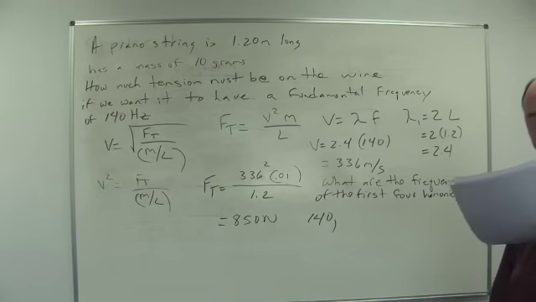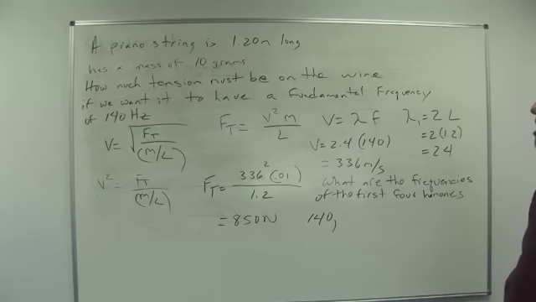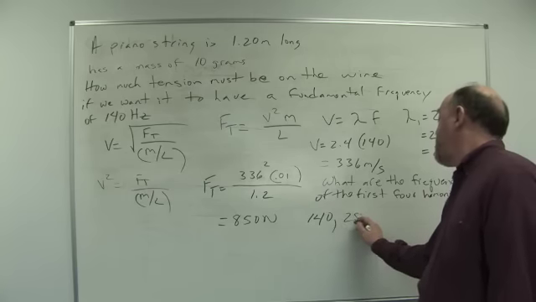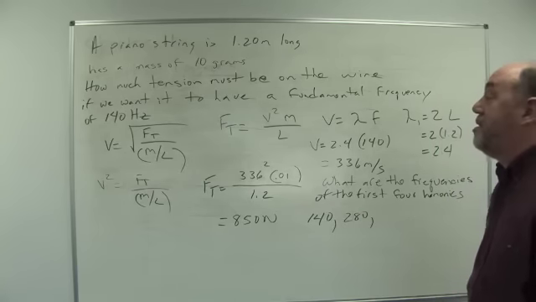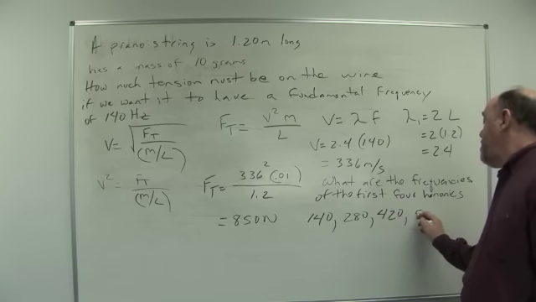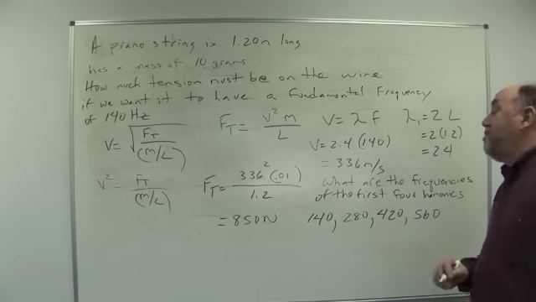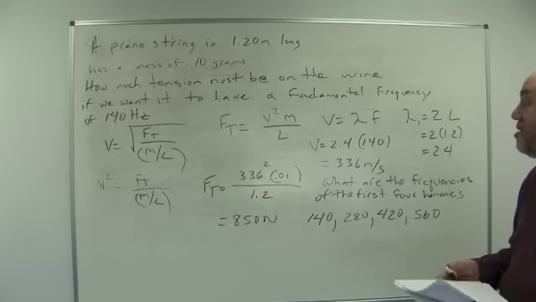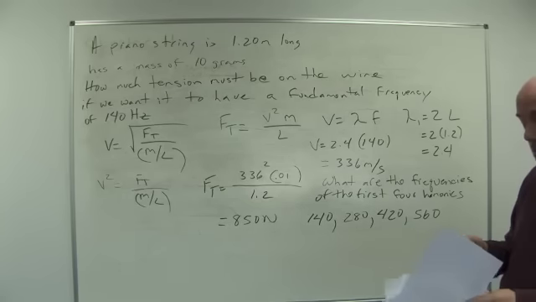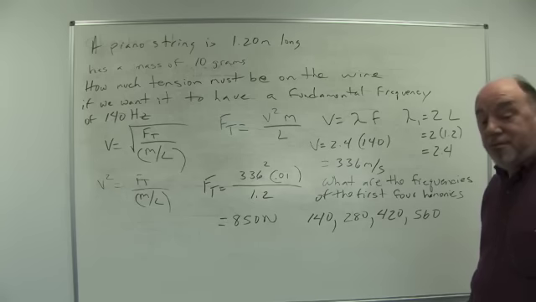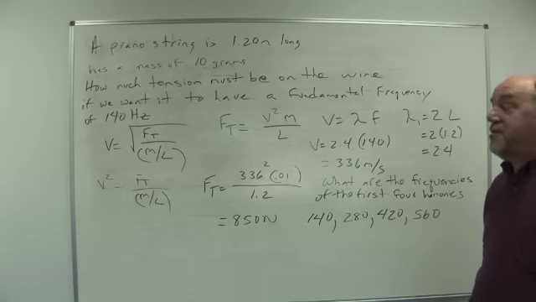All I have to do to get the other ones is just add 140 each time. So the first one is 140, the second harmonic is 280, the third is 420, and the fourth would be 560. And so we have the tension in the wire and the harmonics for this particular string. And with that, that will conclude Chapter 11. Thank you.